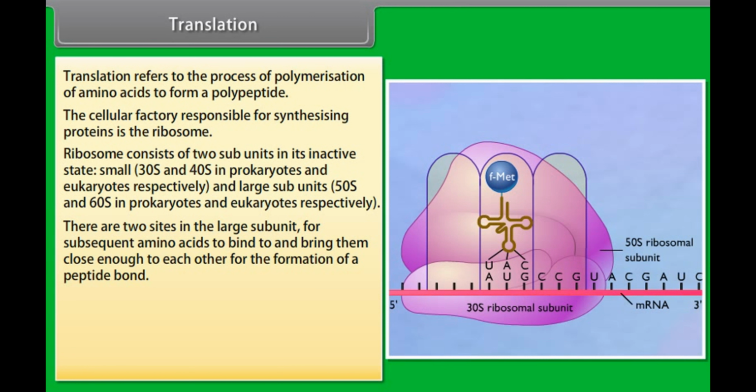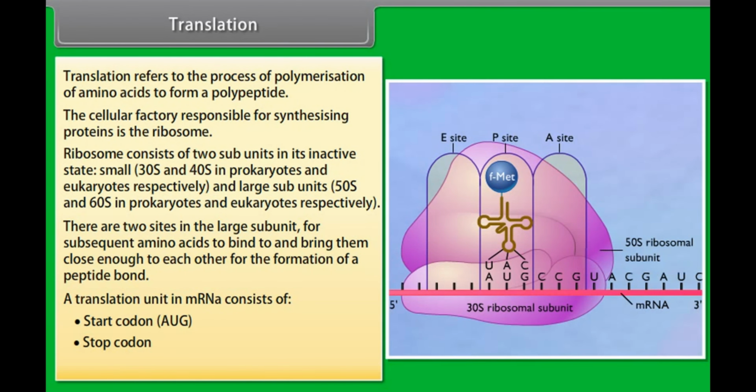There are two sites in the large subunit for subsequent amino acids to bind to and bring them close enough to each other for the formation of a peptide bond. A translation unit in mRNA consists of the start codon AUG, the stop codon, and untranslated regions (UTRs).